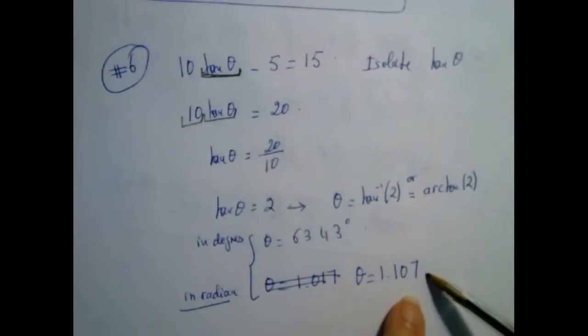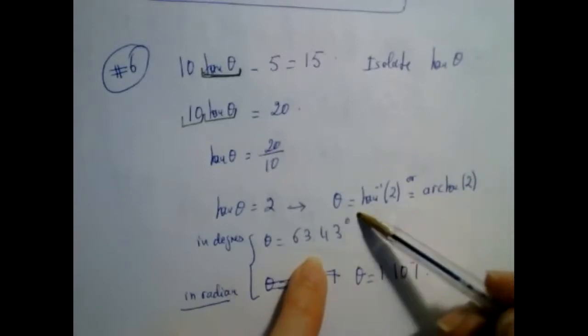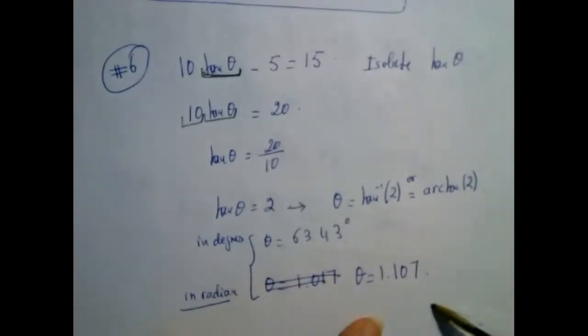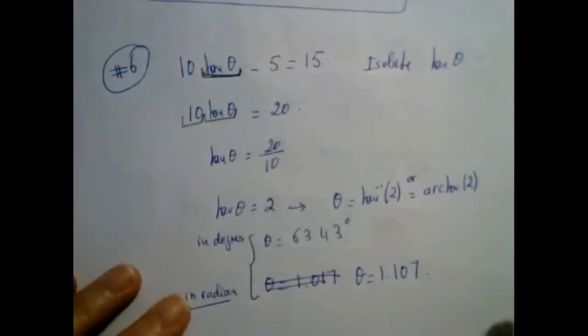When there is no unit next to the angle, it means radian. When there is the degree sign, you'll have a unit. If there is no unit, it always implies the unit is radian. That's the way you will encounter that. And so now if I know the tangent, I know the angle. That's really the benefit of those.